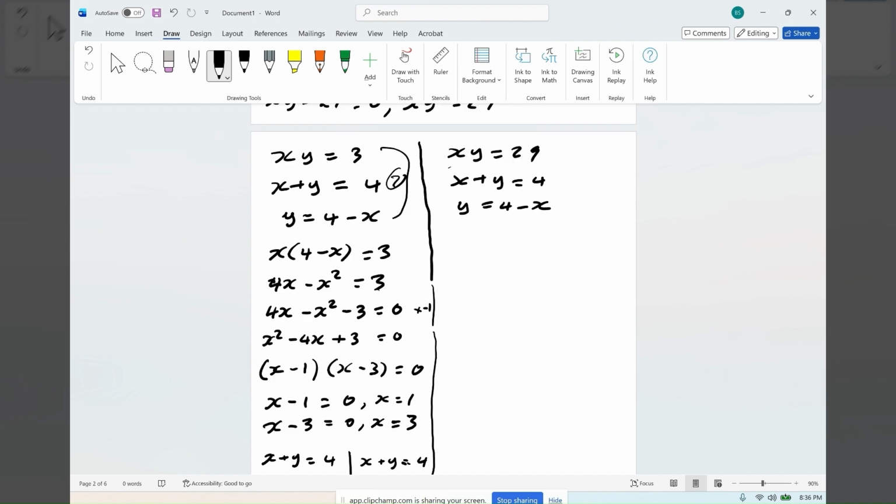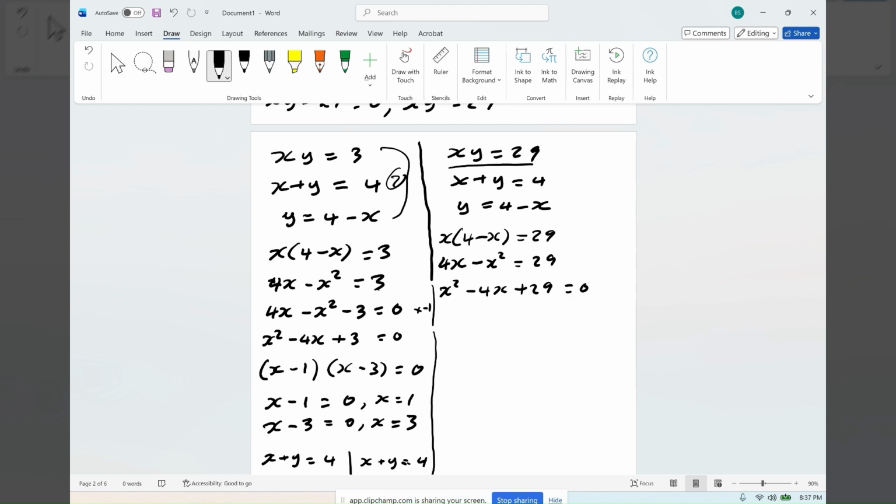Going back here, we have xy = 29. Then we have x(4 - x) = 29, so 4x - x squared = 29. So we have x squared - 4x + 29 = 0.